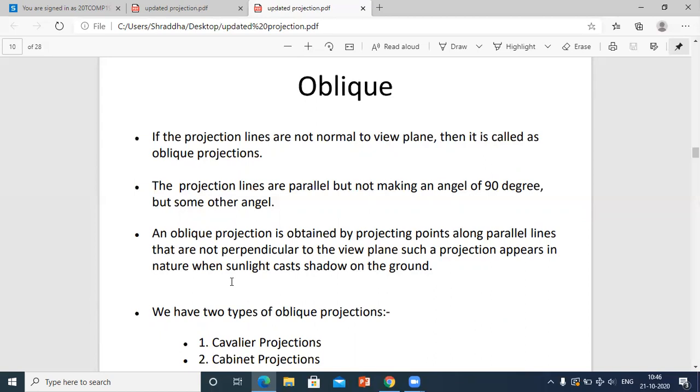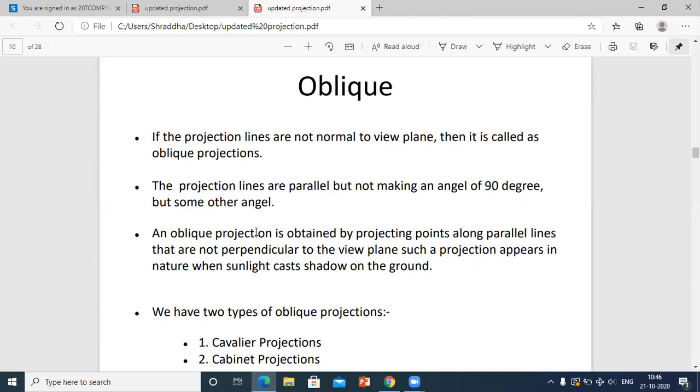The lines are parallel but they are not making a 90-degree angle but some other angle. The angle can be any angle, that is 95, 45, any angle.